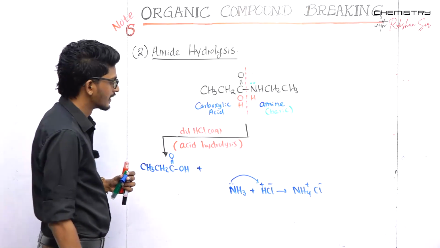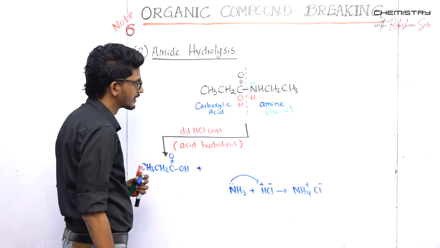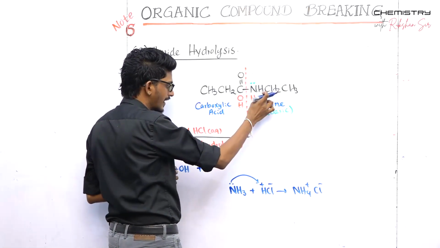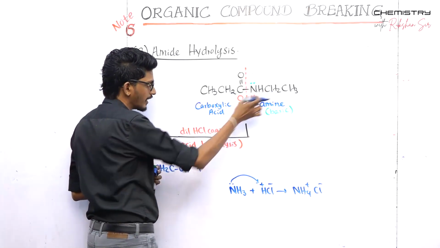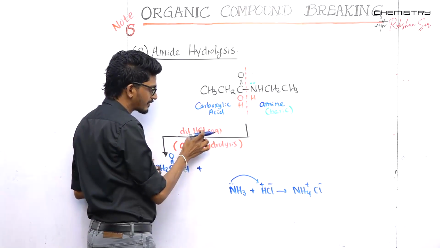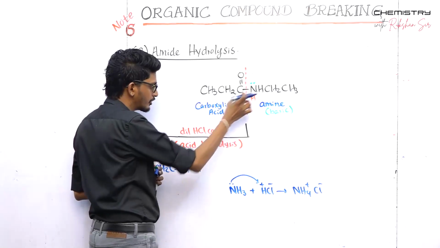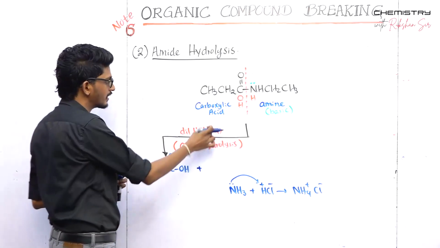Likewise, if your HCl reacts with this amine, CH3CH2NH2, what will you get? The NH2 will grab the hydrogen, and when the H+ is connected, NH2 plus H+ becomes NH3+, with Cl-.